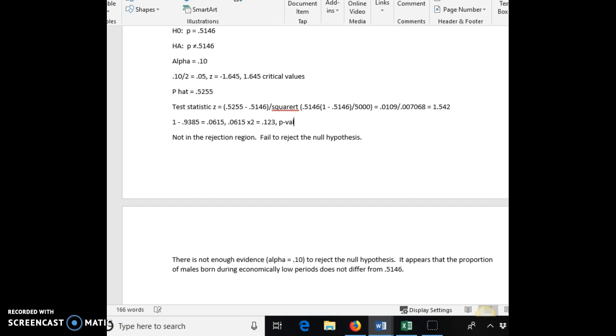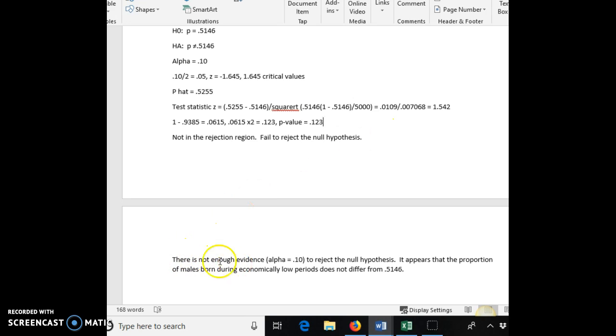So our p-value is 0.123. Let's notice that p-value is larger than alpha, which means we failed to reject the null hypothesis. So that result is still the same.